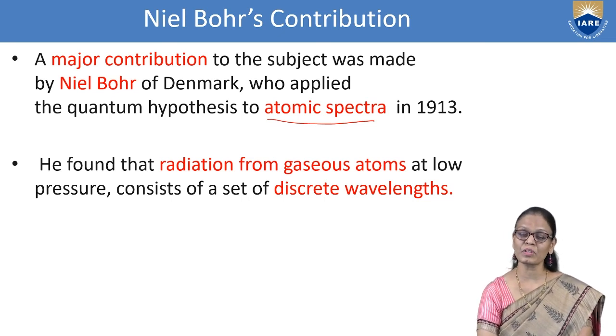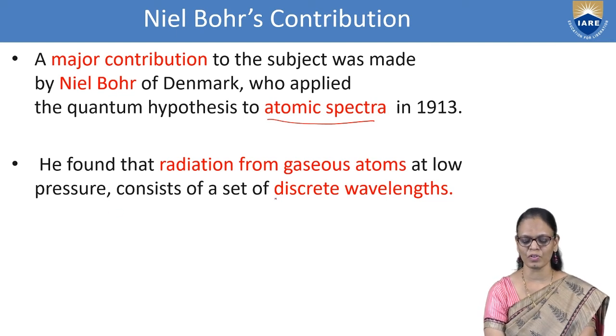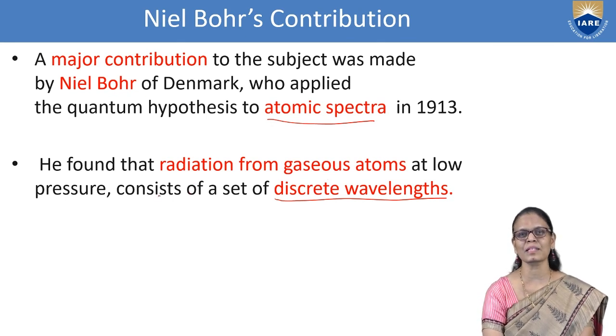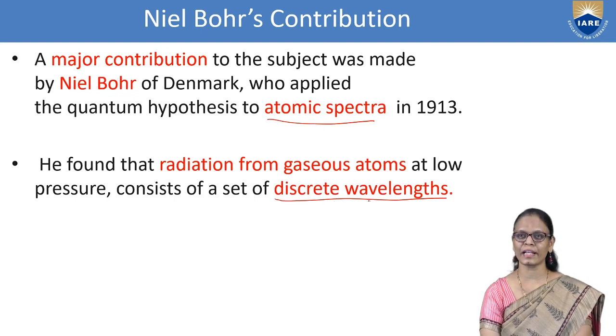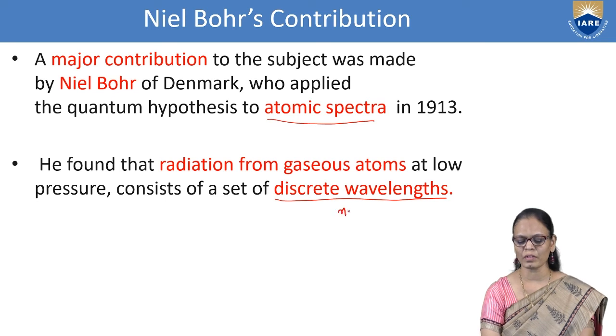When he was studying the energies related to that, he found that radiation from gaseous atoms at low pressure consisted of a set of discrete wavelengths. Till then, wavelength was considered to be continuous. But he found that it consisted of a set of discrete wavelengths. Discrete means not continuous.